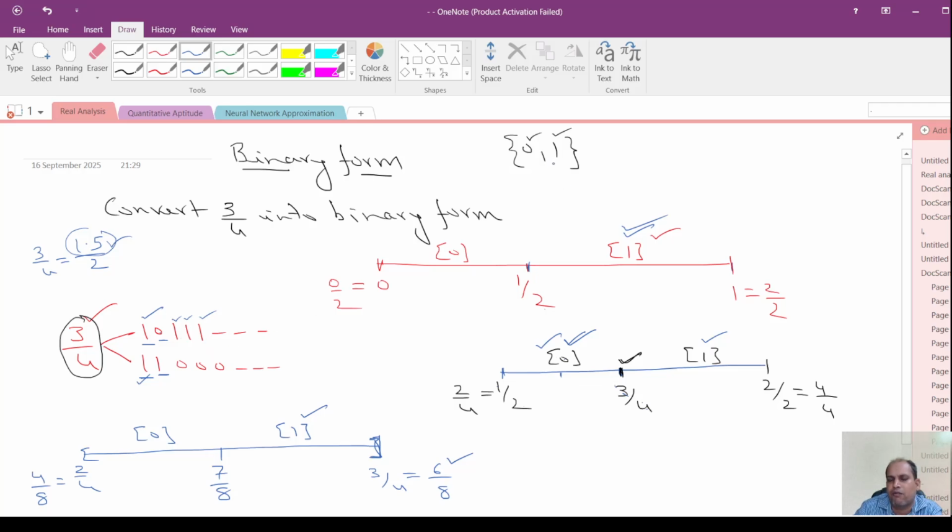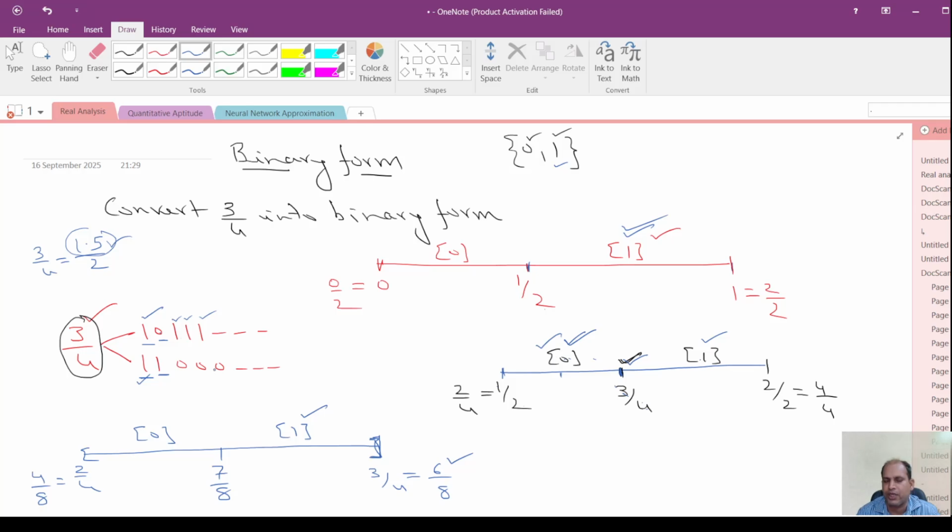So remember, if at any stage we have a real number which is sharing the boundary of 2 such intervals, then after some finite digits either all terms will be 1 or all terms will be 0. Just like in the decimal system, in 1 by 2 we have seen that after some finite digits all terms end in 9 or all terms end in 0.